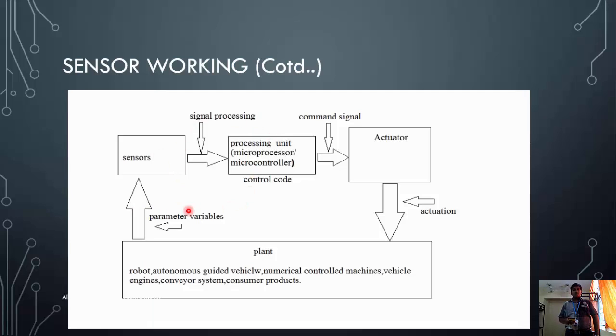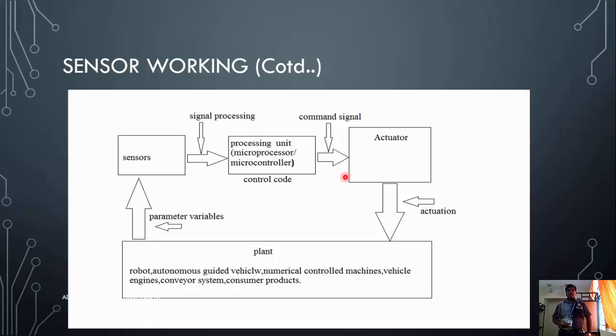Here, signal processing means the signals will be processed from the sensor to the microcontroller by amplifying. Here, the processing unit consists of microprocessor and microcontroller, known as control code. The microcontroller controls according to the program which is designed by the programmer.